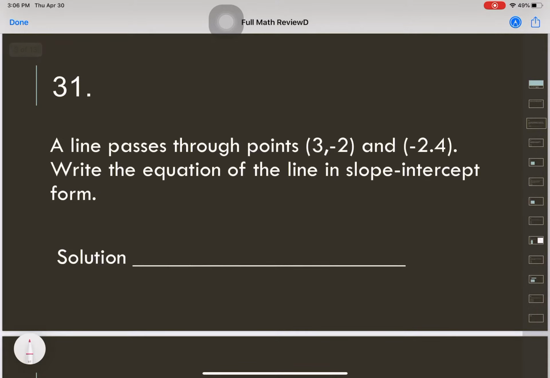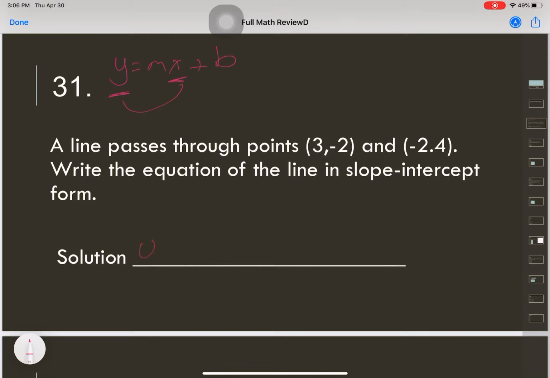A line passes through the points (3, -2) and (-2, 4). Write an equation of the line in slope-intercept form. So slope-intercept form, as you remember, is y equals mx plus b, where y and x will be in the answer.